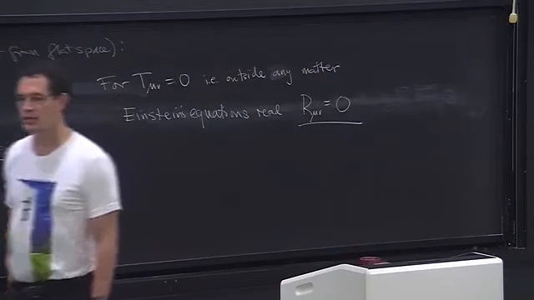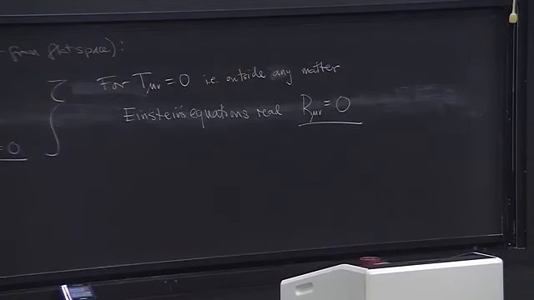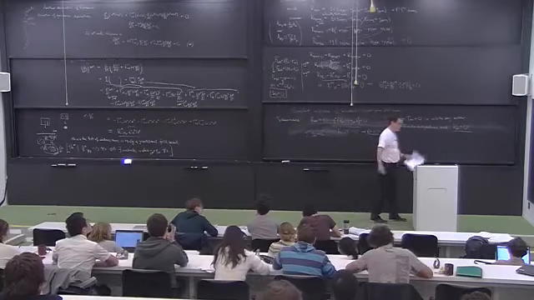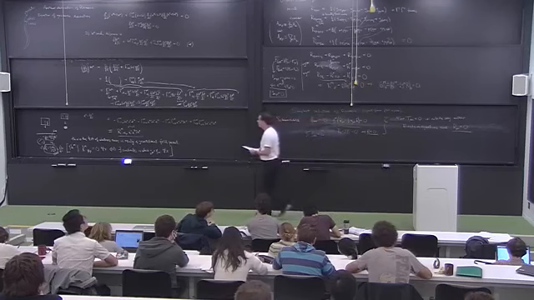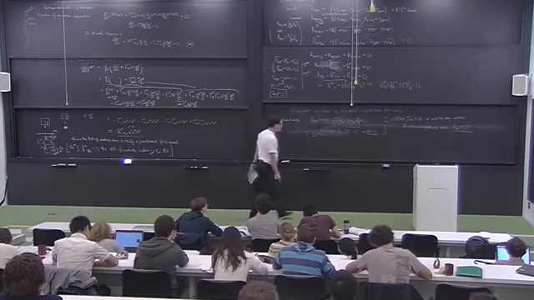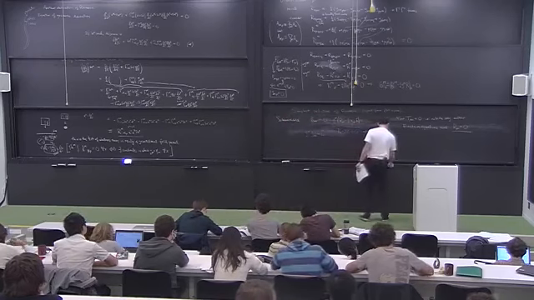So Schwarzschild says, well, is there any non-trivial solution of that equation? And if you're a mathematician, it's very reasonable to impose some symmetry to make the problem easier. And in particular, let us choose spherical symmetry.